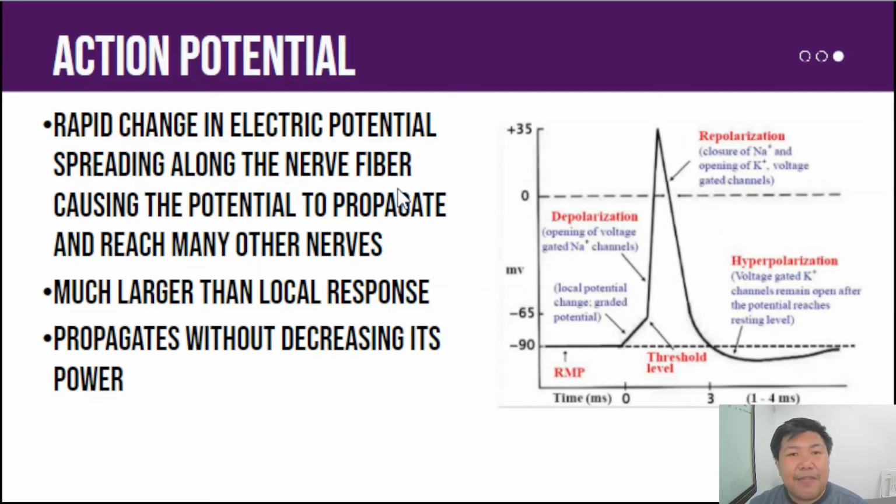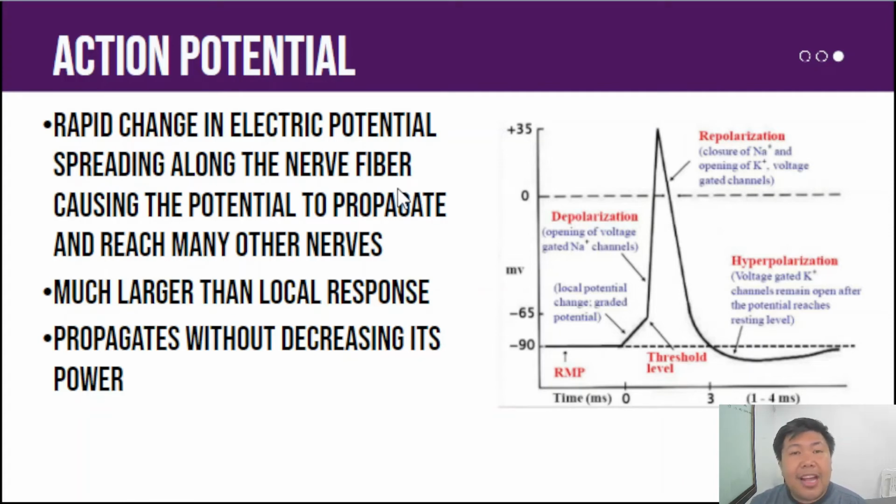Negative 94. Negative 94 RMP or resting membrane potential. Now, kapag bigla nagbago yung charge from negative 94, then you can call it an action potential. And ang kakaiba sa action potential, it can propagate to other nerves. Yan na, pwede na siyang makahawa.